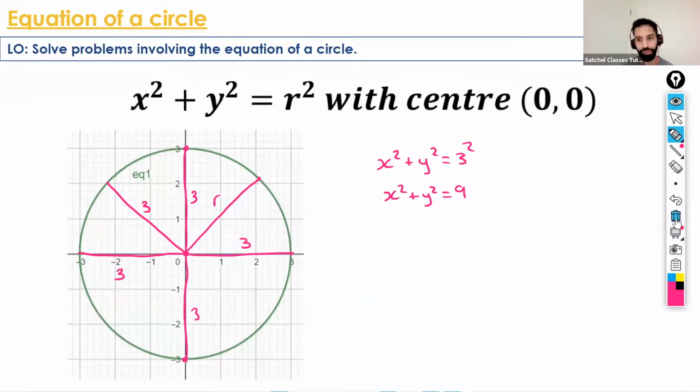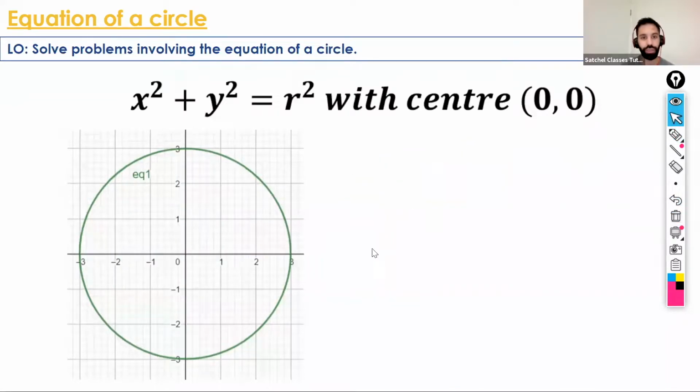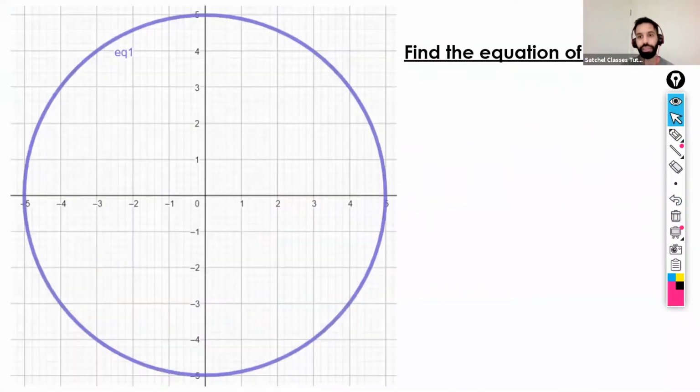Okay, so pretty straightforward. Now let's try some different examples. Here it says, find the equation of the circle. Similar to what we just did, from the center we're counting 1, 2, 3, 4, 5 units to the circumference. So the radius is going to be 5.